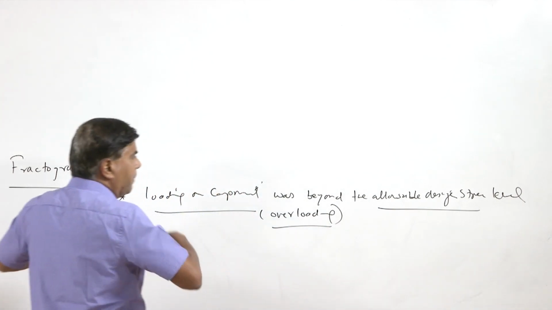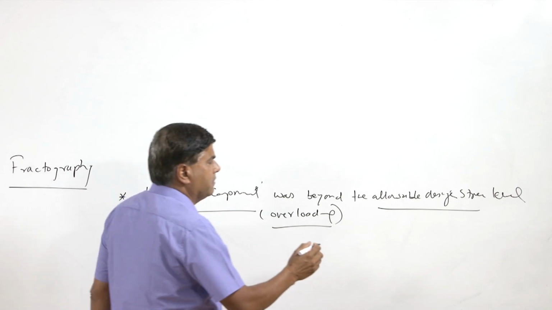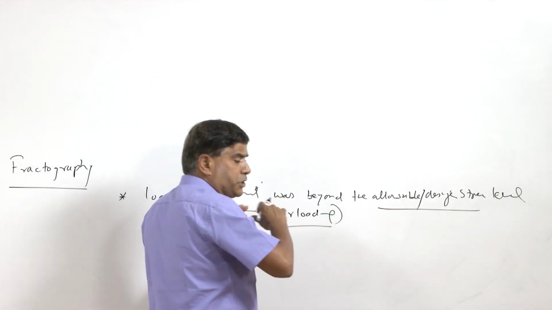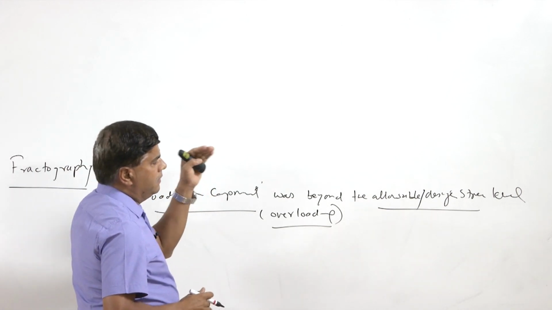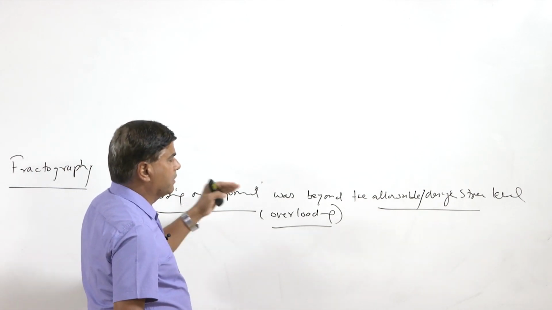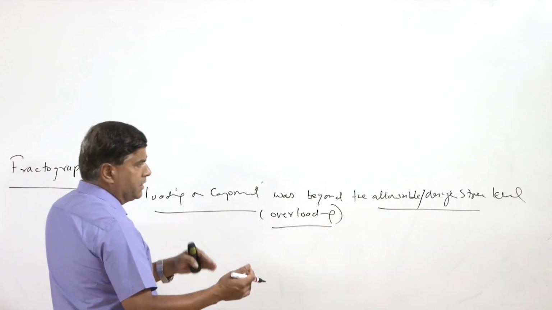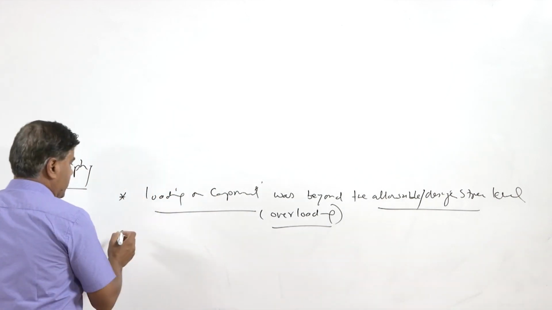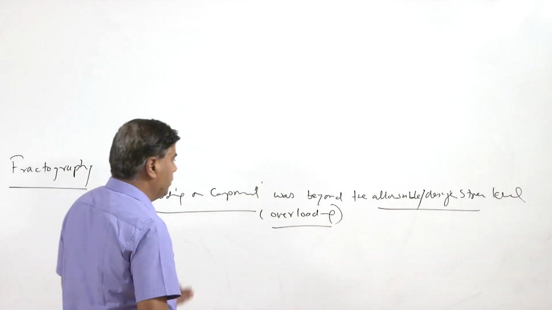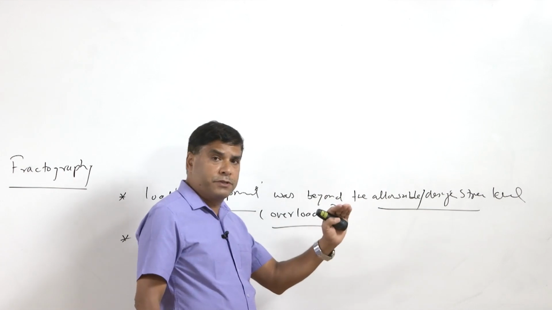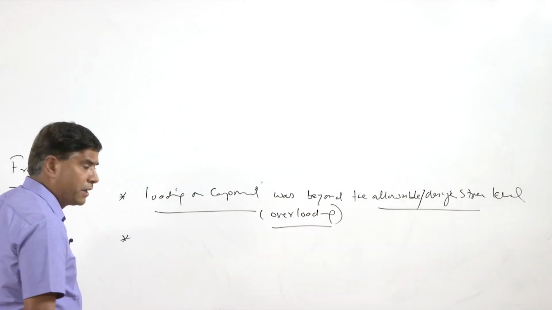If the applied stresses are more than the allowable or design stress levels, then the surface features will be different than when the fracture of the component occurs under stress levels which are well within the design stress levels. So, this helps to rule out the possibility of overloading, or it will confirm the possibility of overloading as a cause of the fracture.